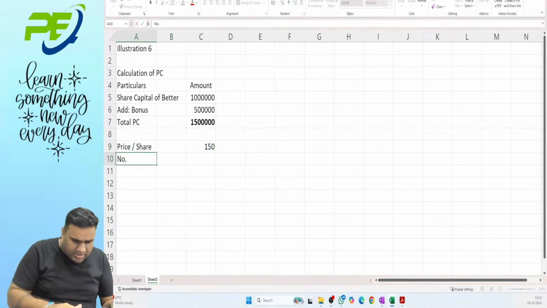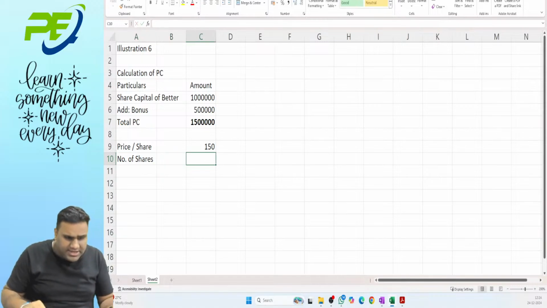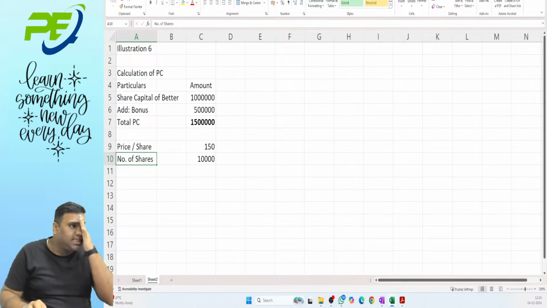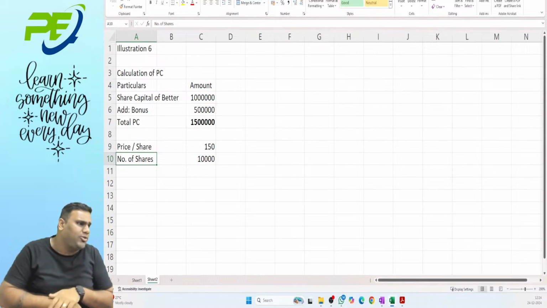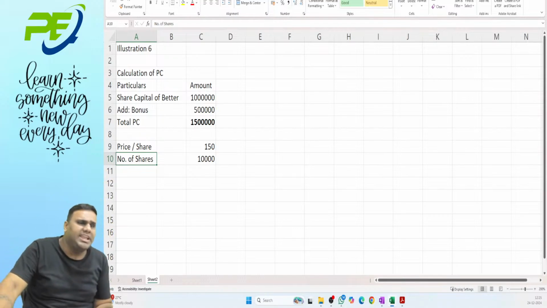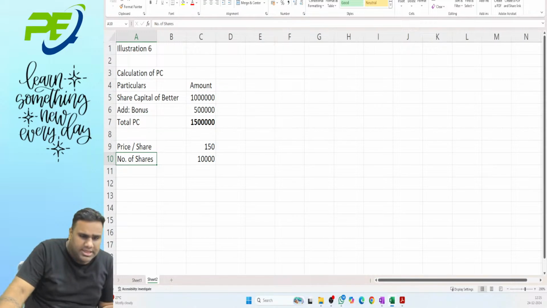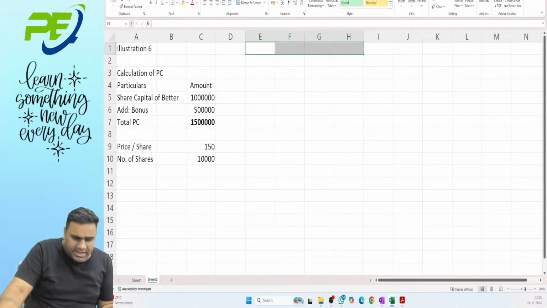So number of shares to be issued is 10,000. Best Limited will issue 10,000 shares at 150, that is 15 lakhs, to your shareholders as purchase consideration. Everyone clear? Yes. Now we will move on to the ledger accounts.